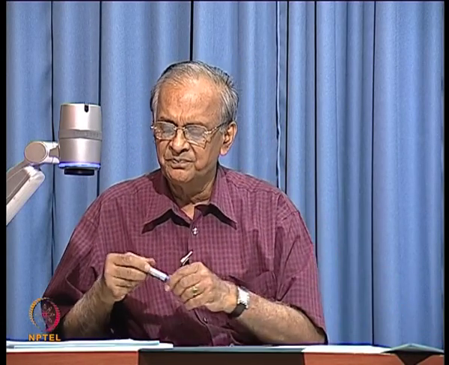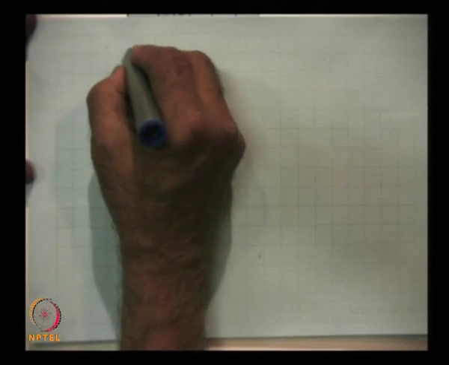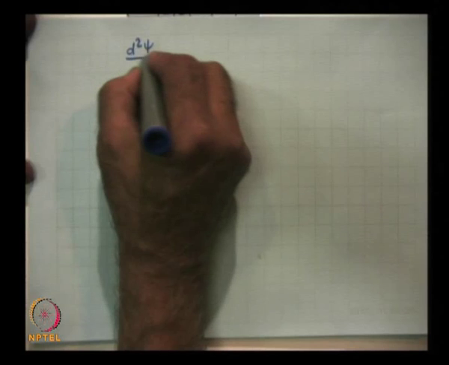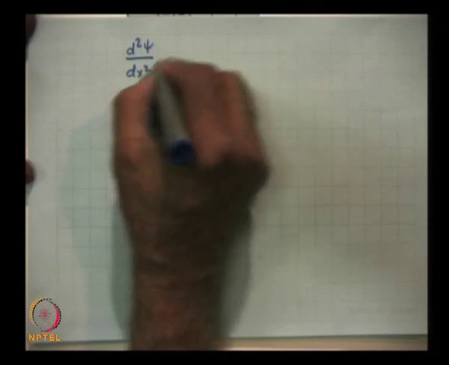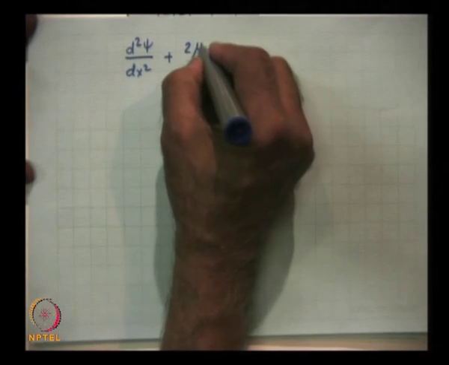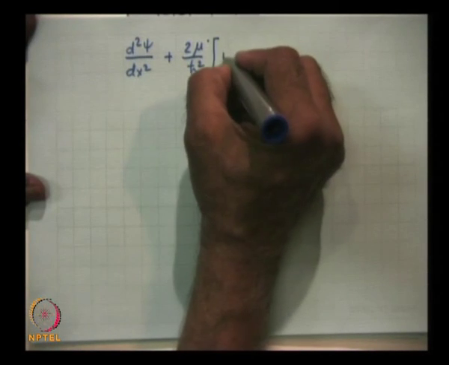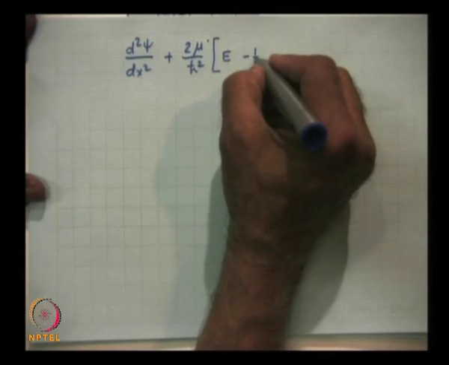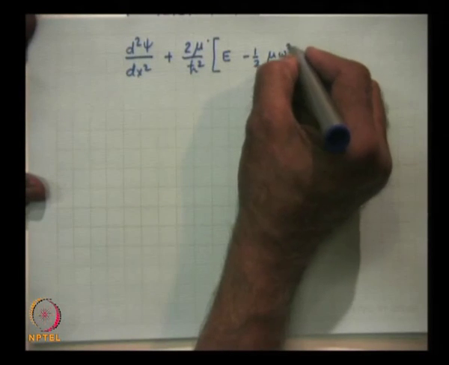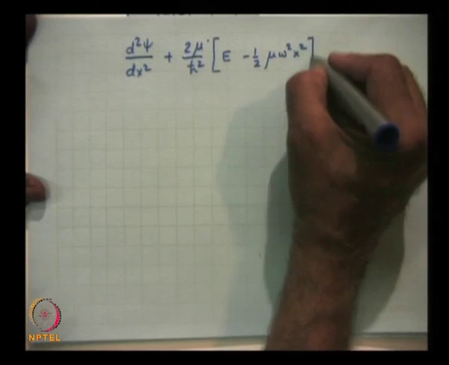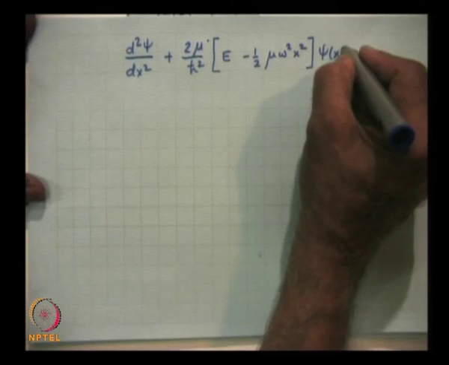So, we start with the Schrodinger equation, and let me just summarize everything. d2 psi by dx square plus 2 mu by h cross square, I am sure all of you are familiar with this now, half mu omega square x square, psi of x is equal to 0.